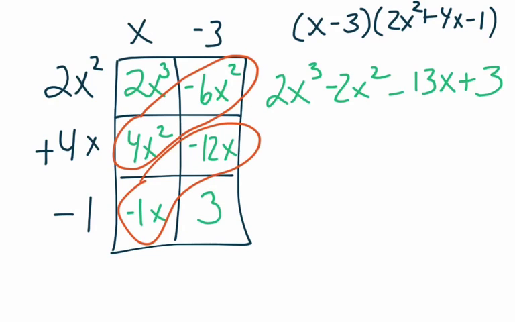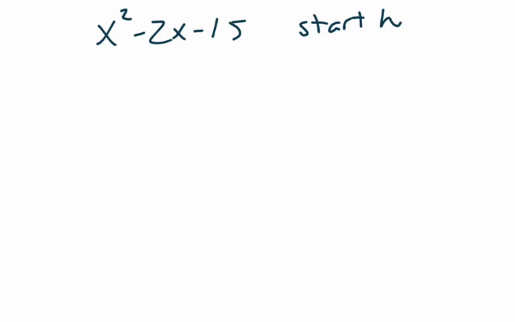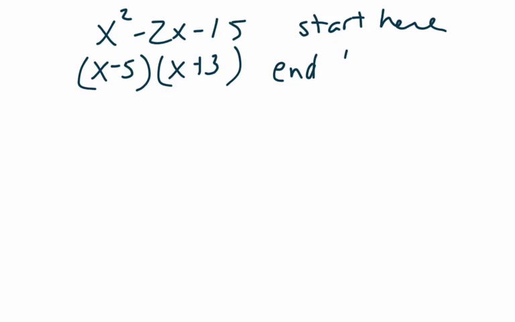When we factor, we're actually going to be going in the opposite direction. So here's what we're looking at for factoring. When we're factoring, we're going to start with something that looks like this. Okay, so we're going to start here, and we're going to end with something like this. Okay, so we're going to end here.